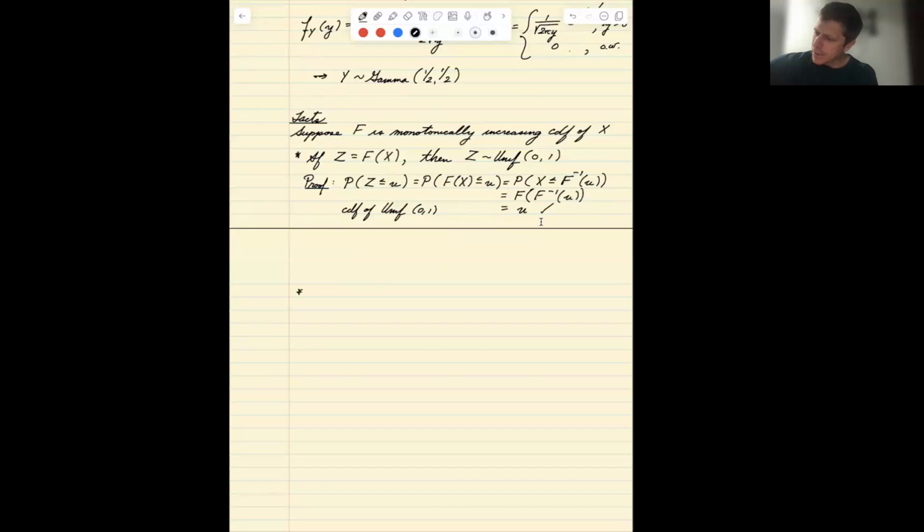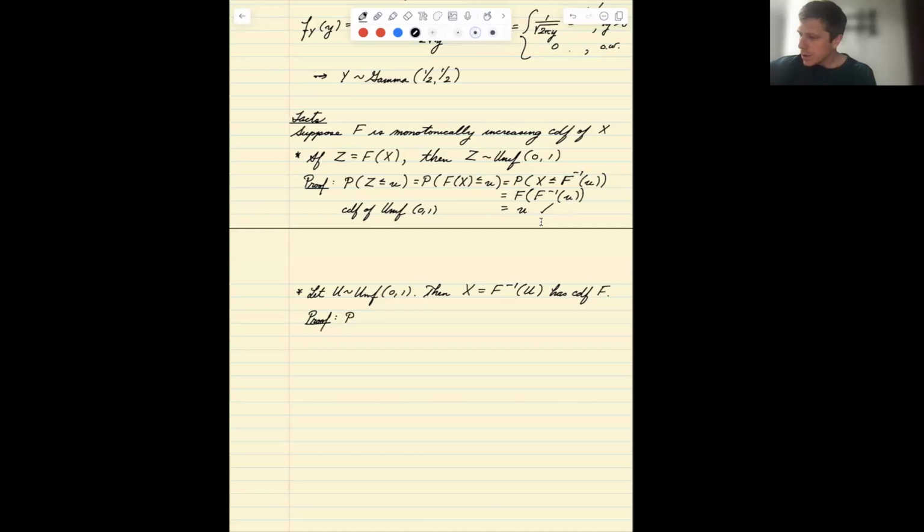And now let's consider the alternative. Let u be a uniform 0, 1. Then define x to be F inverse of u, where, again, F is the distribution function of some random variable called x. This random variable will have CDF F. So how do we work through that?